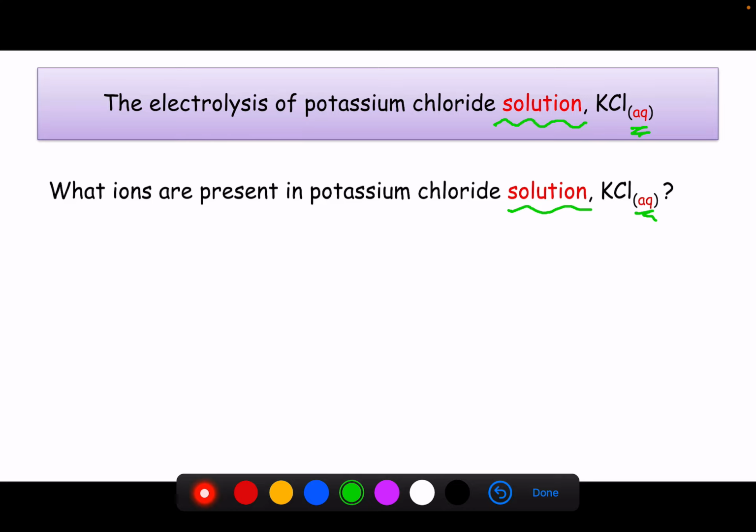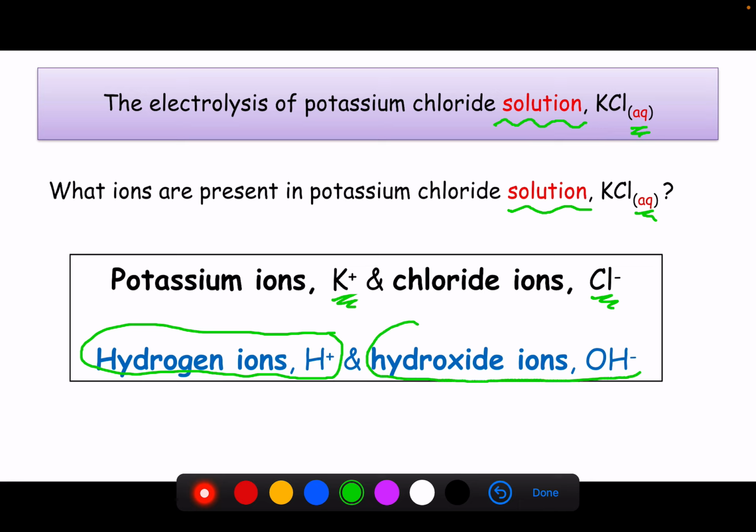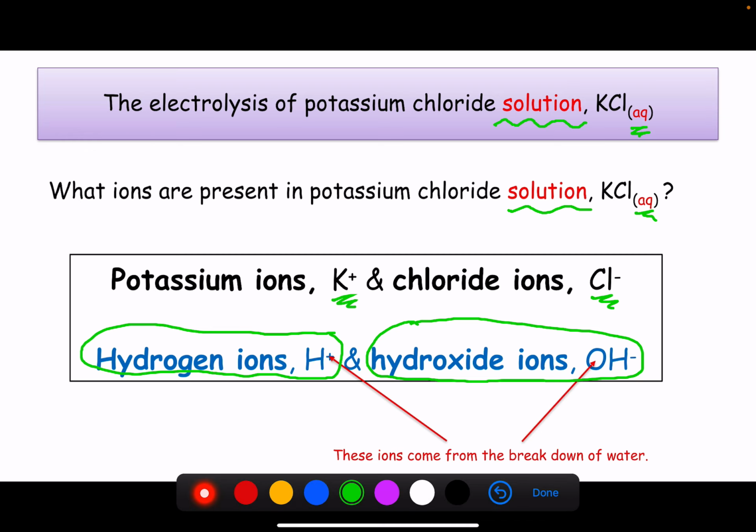So what ions would I have present? Okay, so understandably, I would have my potassium ions and my chloride ions once more. But here's the new bit. I've also got present hydrogen ions and hydroxide ions, which are OH-. Now then, the hydrogen ions and the hydroxide ions come from the breakdown of water.